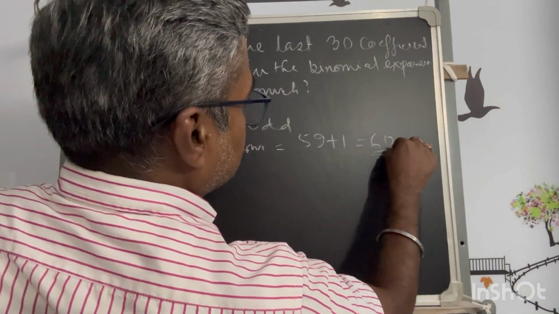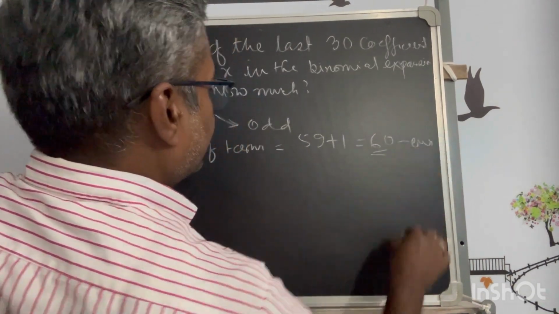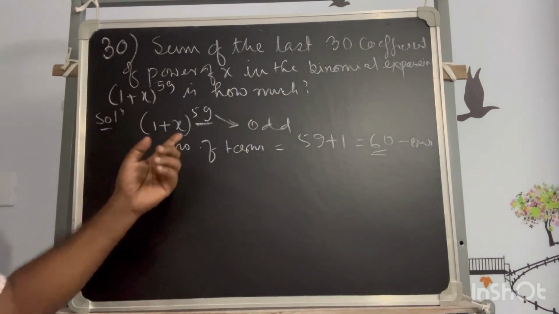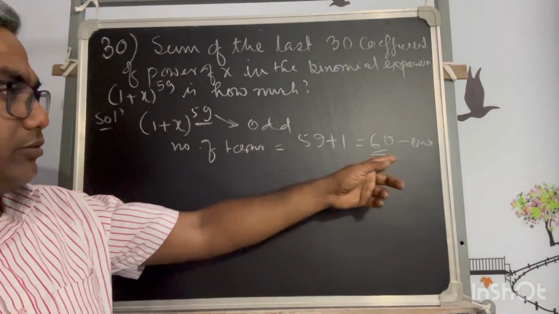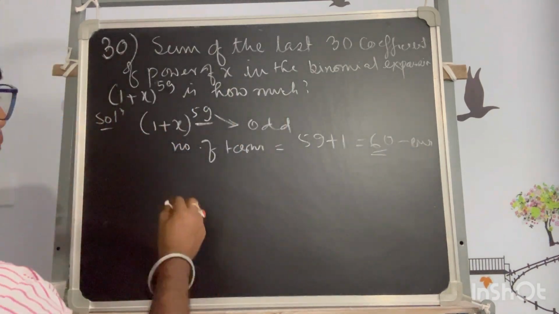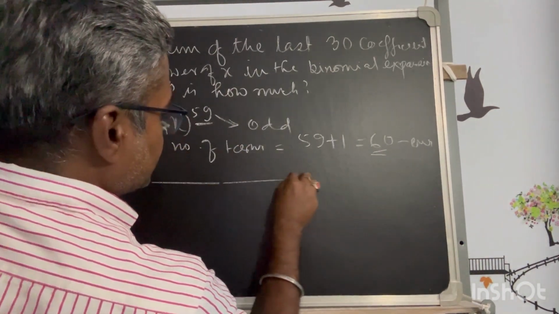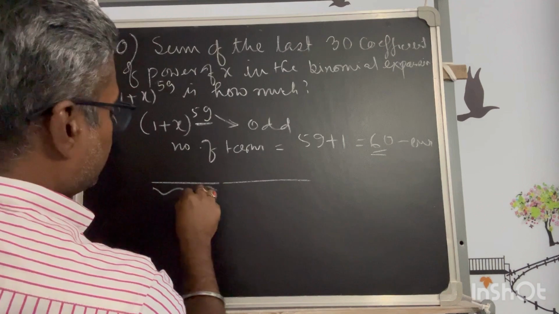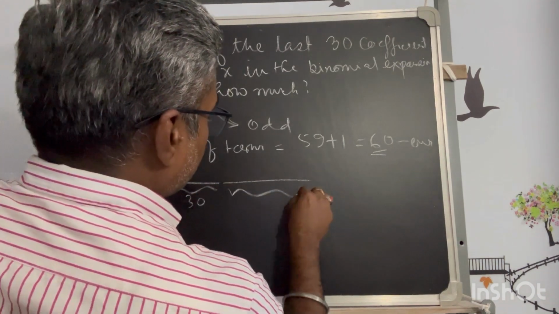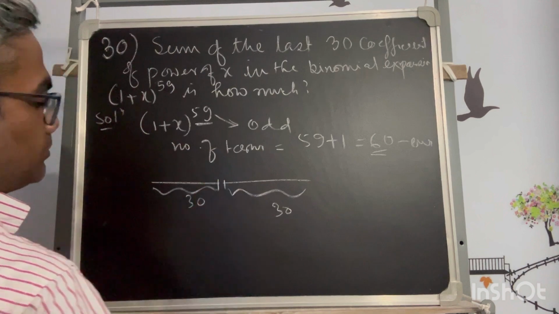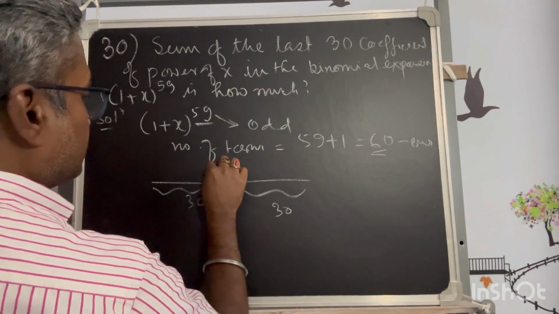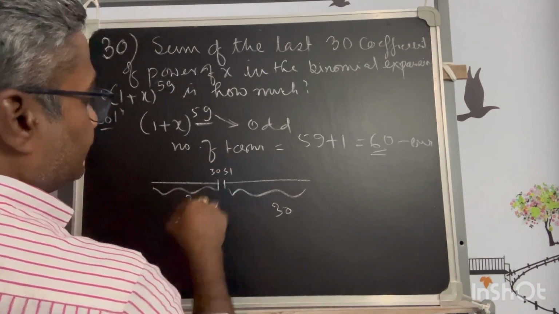Now this is even. This is odd, and the number of terms if I expand it will be even. Now this is 30 and this is 30, so there will be two middle terms, one the 30th and one the 31st.